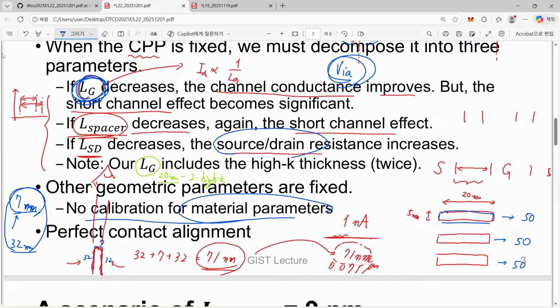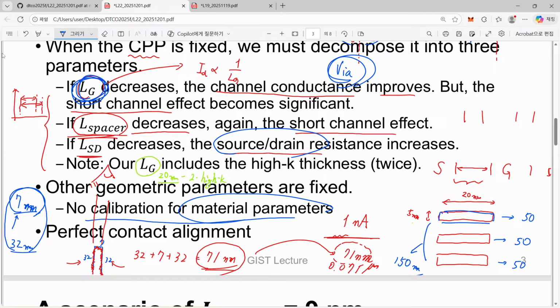So in total, in this device, we have an effective width of 150 nanometer. That is the case we have in this multi-stacked gate-all-around nanosheet transistor.